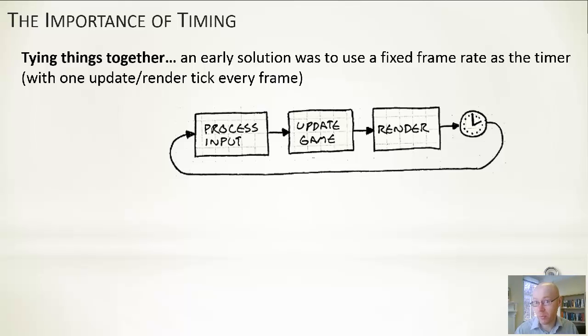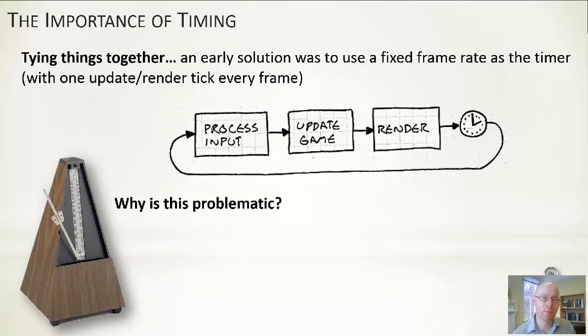You can process input, you can update your objects, you can render or draw them out, and you can then repeat that process. So what we have here is the most simple setup: wait for a tick, do these three processes, wait for the next tick, which comes along at regular intervals, and repeat again. Simple, it often works, but it can be a little bit problematic.